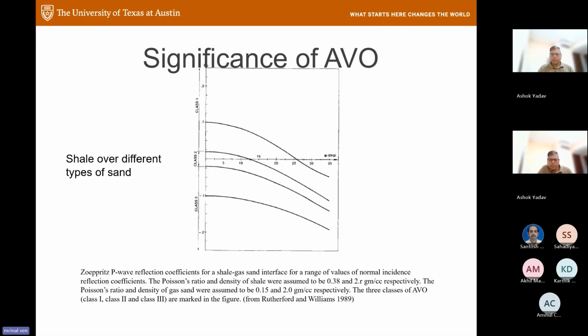So here we have different kinds of AVO curve, and this one shows like class 1. These two are class 2, and this is class 3. Class 3 is for gas sand, where actually you see this becomes more and more negative as a function of angle. This is a function of angle.